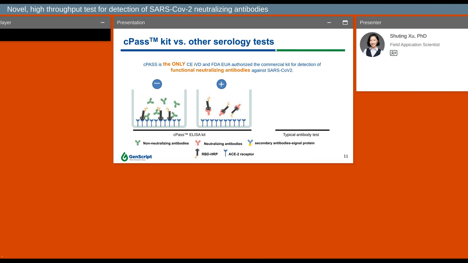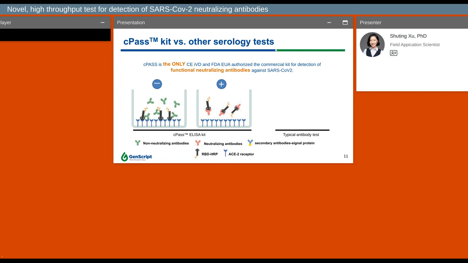So at this moment, I guess you also have the question: what's the difference between the cPass kit and other serology tests that determine the quantity of IgG or IgM? As you can see here, with our assay, we have the receptor coated on the bottom of our plate.